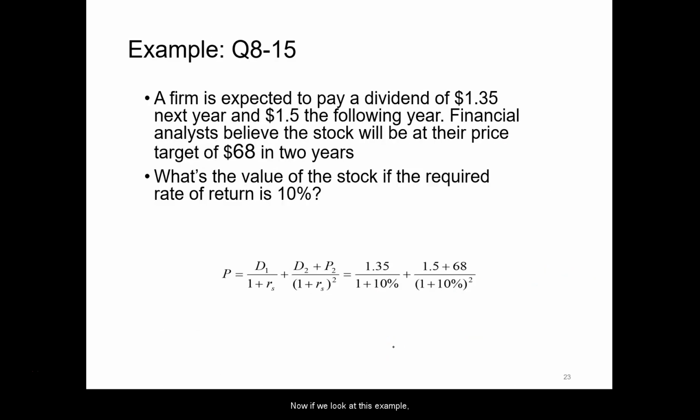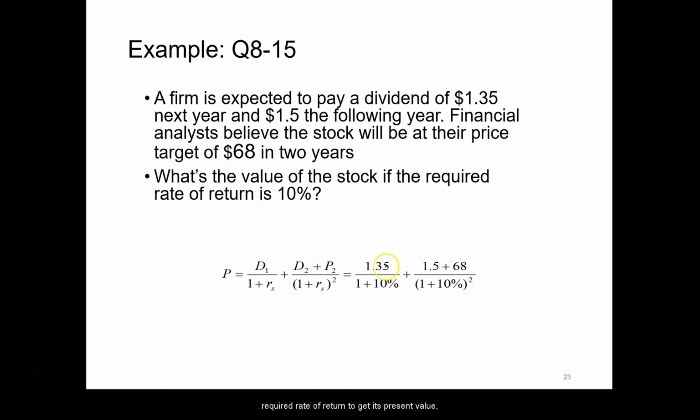Now, if we look at this example, we have a company that is expected to pay a dividend of 1.35 next year, so 1.35 as D1, and 1.5 the following year, 1.5 as D2. After that, if you sell it, you will receive $68 in 2 years. So first year, $1.35.